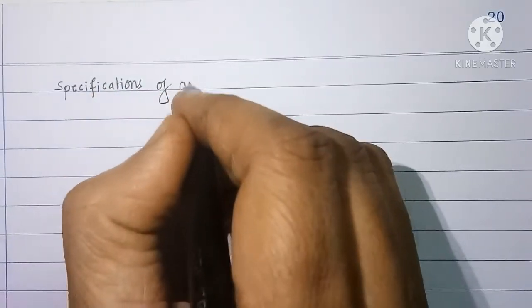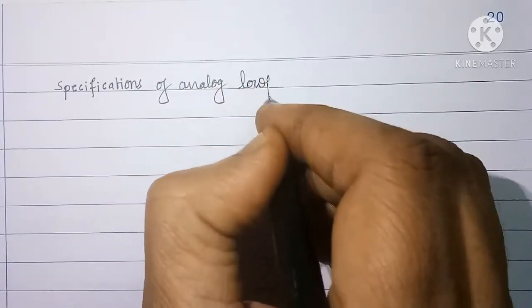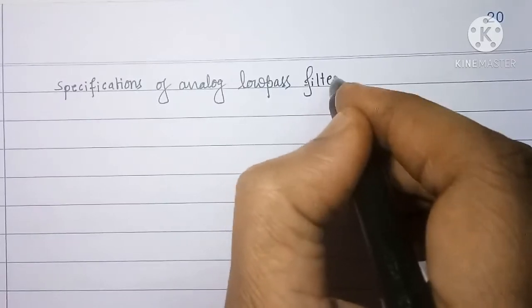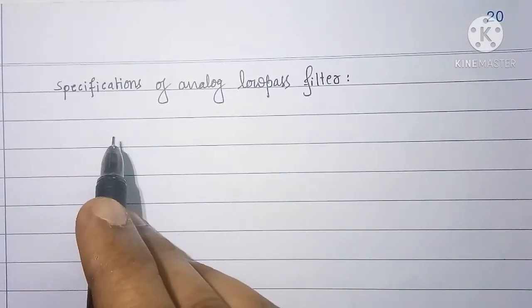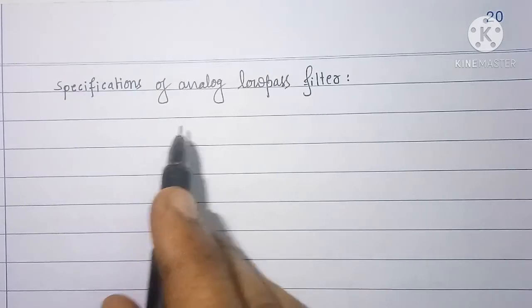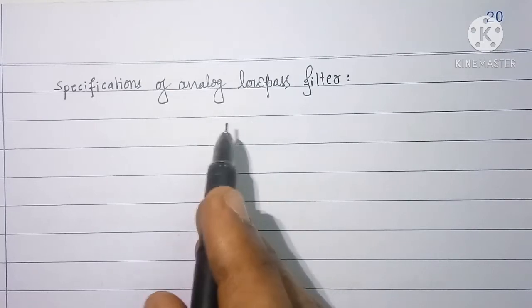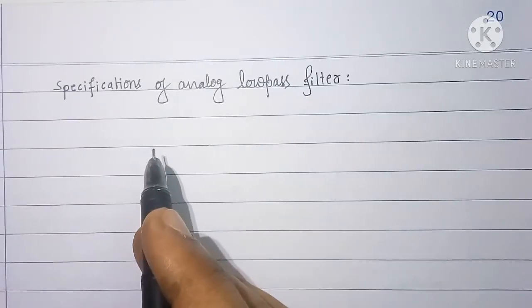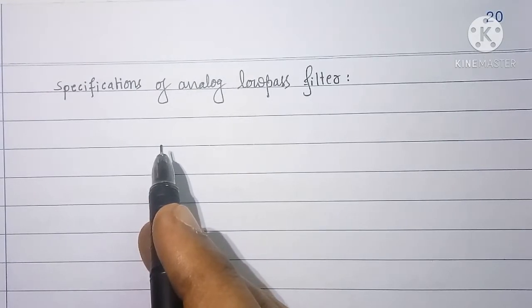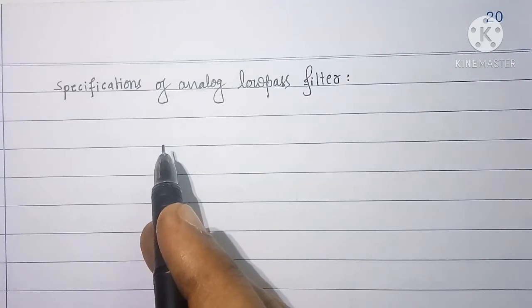Now we will write the specifications of analog low pass filter. Gains of analog low pass filter will be same as that of digital low pass filter, but the digital frequencies are to be transformed into analog frequencies by using bilinear transformation frequency relationships.